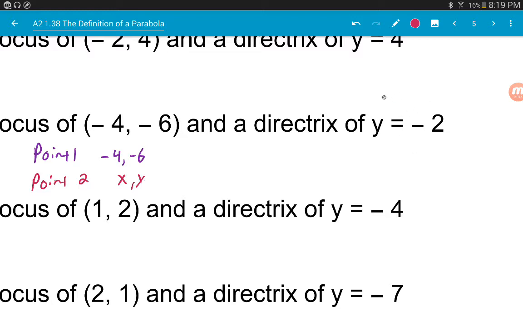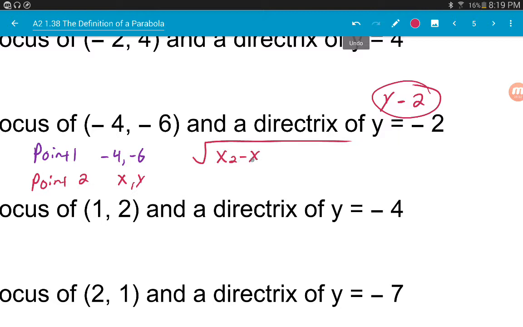I already know what this side is going to be. It's going to be y minus 2, minus because they're closer together because they're on the same side. I'll set the equation like this: square root of (x2 minus x1) squared plus (y2 minus y1) squared is equal to y minus 2.